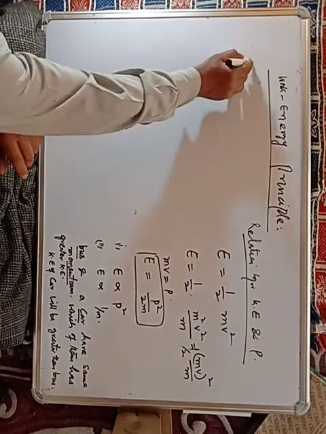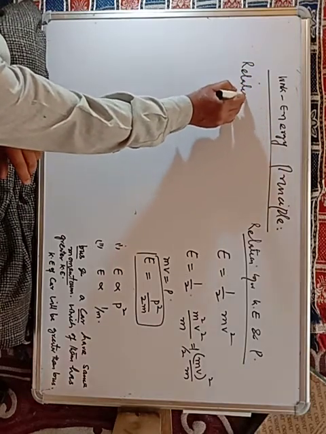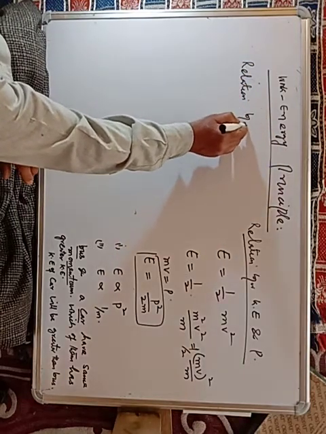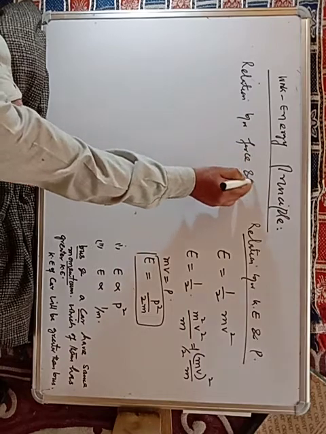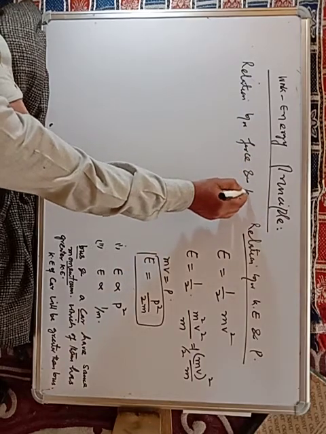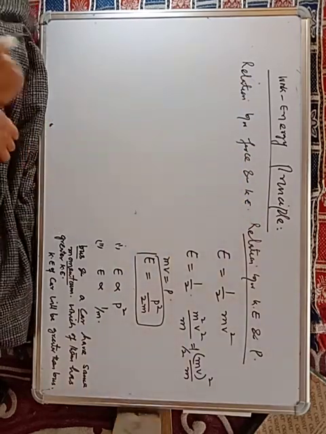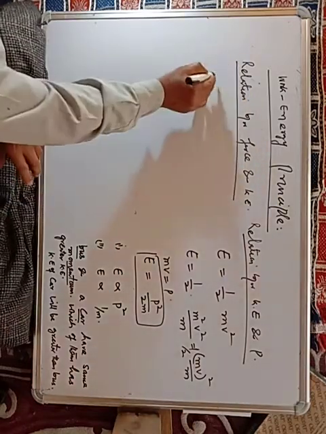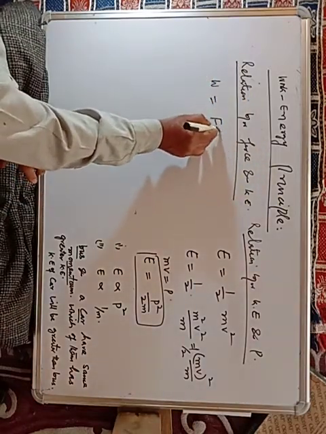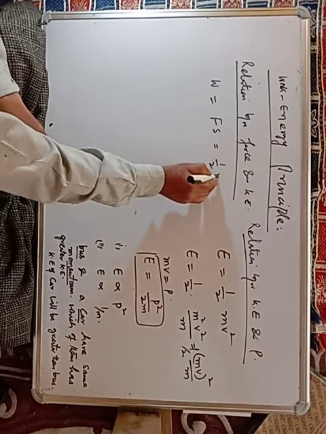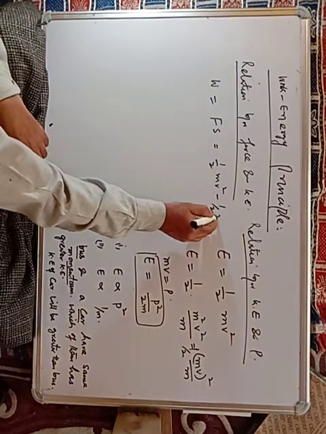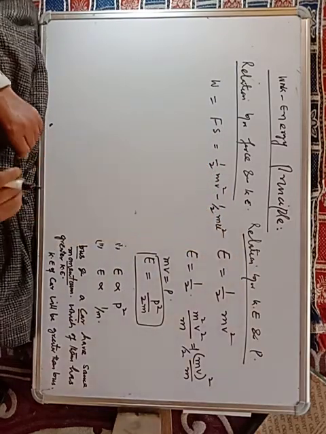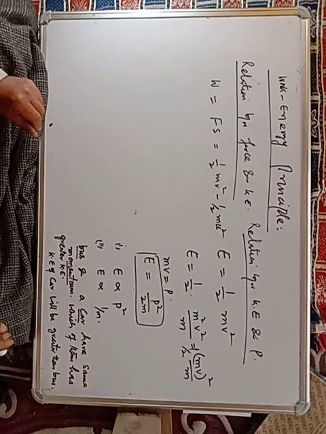Next, relation between force and kinetic energy. So we know W is equal to F into S, which is equal to 1 half of mv square minus 1 half of mu square, right?